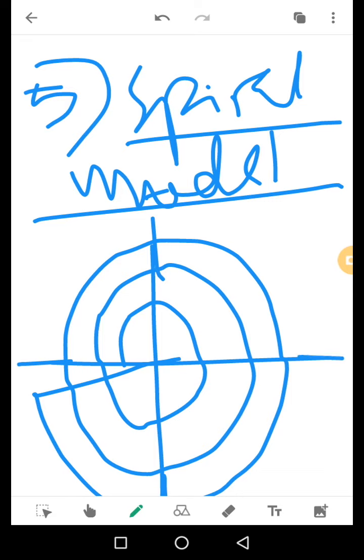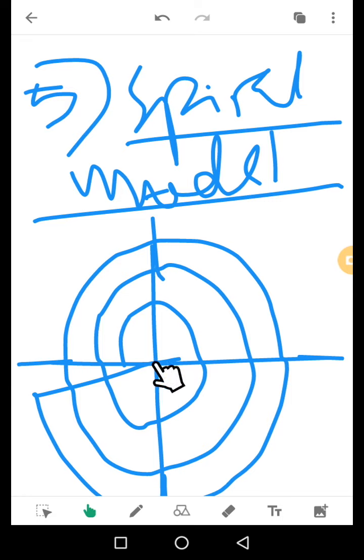The angular component denotes progress. It's like physics, when we say angular velocity, see my hand. So that is the angular component. It denotes progress, and the radius of the spiral denotes cost.